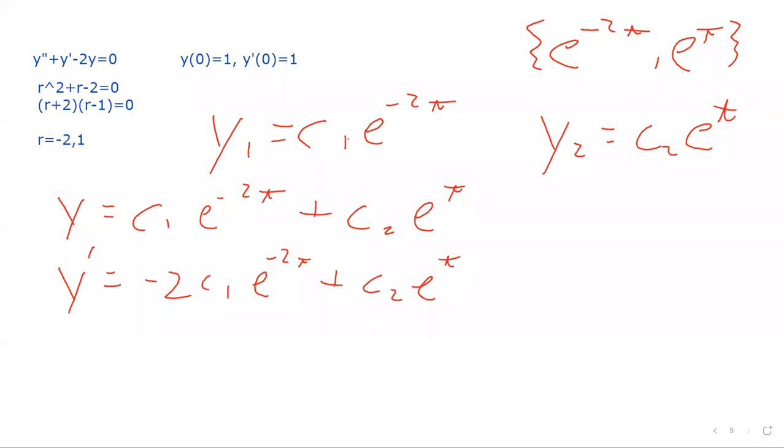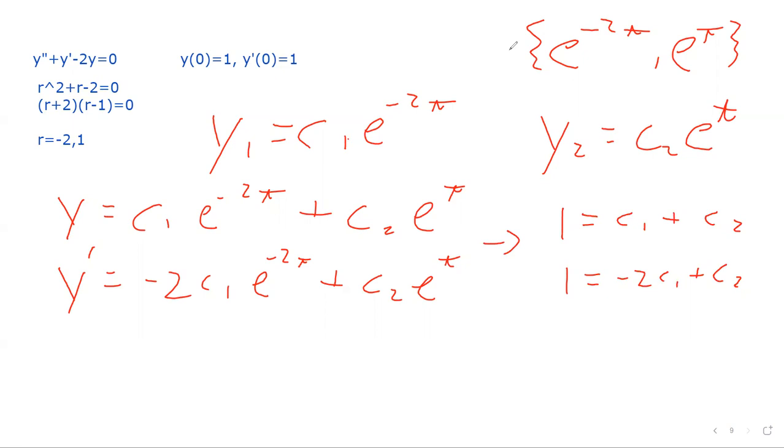Okay, but now let's look at our initial condition. We made our t's all equal 0. Our y value was a 1, and C1 times 1 plus C2 again times 1. Looking at your derivative, we're there. So now we solve the system of equations. Probably the easiest way is elimination.